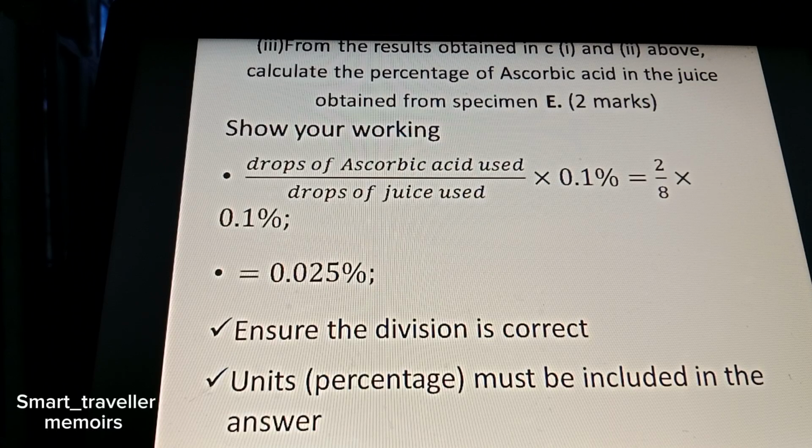So that will be equal to 2/8 times 0.1%. And that gives you 0.025%. Ensure the division is correct. Units, percentage, must be included in the answer.